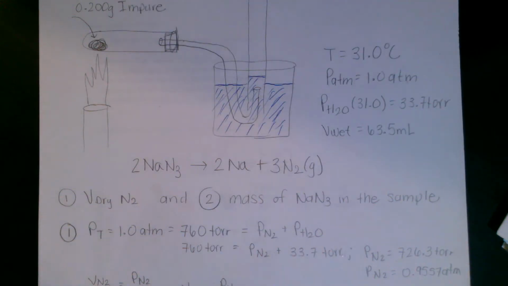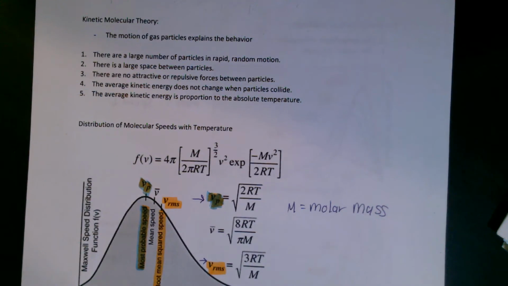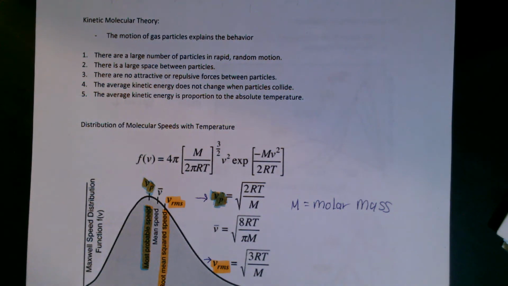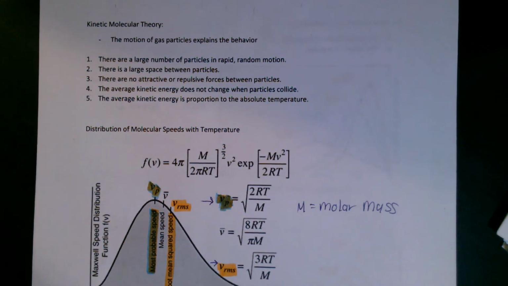Okay, so now back to the other things we need to cover in this chapter, and that is the kinetic molecular theory. The kinetic molecular theory deals with the motion of gas particles to explain the behavior of gases.